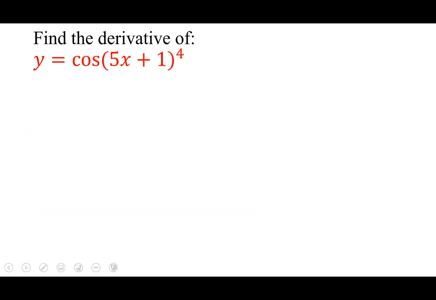Here in number 4, find the derivative of the cosine of (5x plus 1) to the 4th. So from here, if I'm looking for the BP, which is the big picture, this is a cosine problem. That is the first thing that I'm going to focus on when I go to take the derivative. And then, of course, I'm going to use the chain rule as needed. I'm also going to bring back that notation I showed you yesterday, which, again, you can use or not.